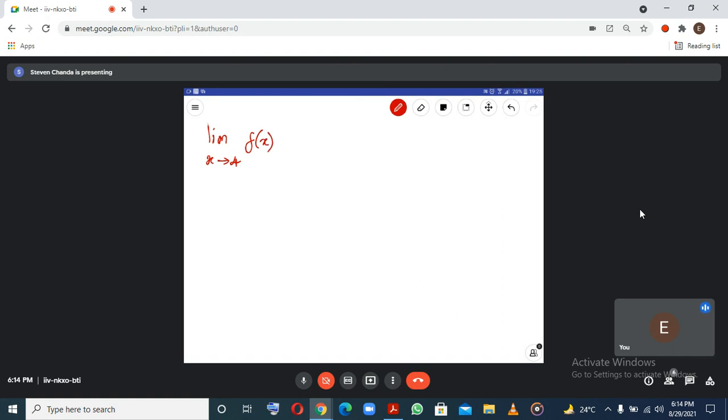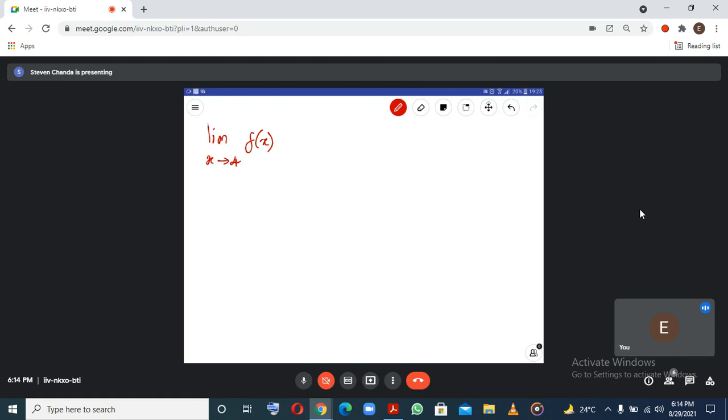What you're basically asking with limits is what value this function will have as my values of x approach 4. For certain functions it's going to be easy because you can simply substitute the 4 into the function.